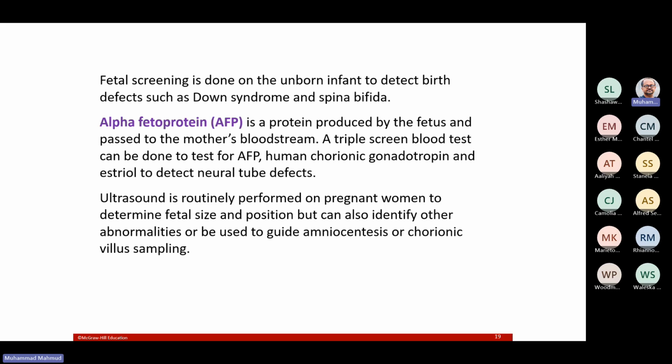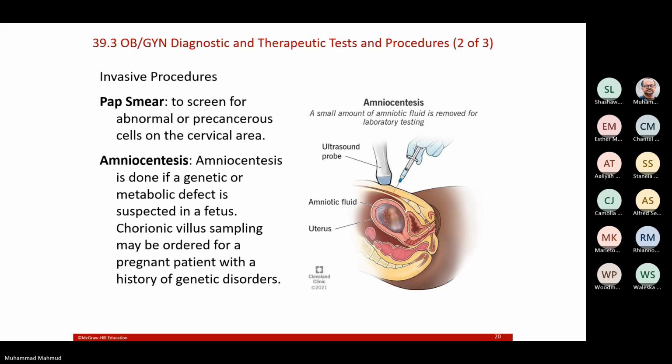Ultrasound is routinely performed on pregnant women to determine fetal size and position, but can also identify other abnormalities or be used to guide amniocentesis or chorionic villus sampling. Regarding the amniocentesis, look at this picture on the right side.